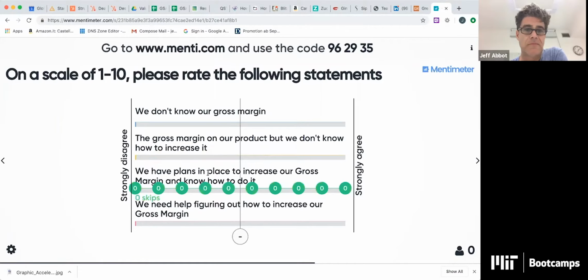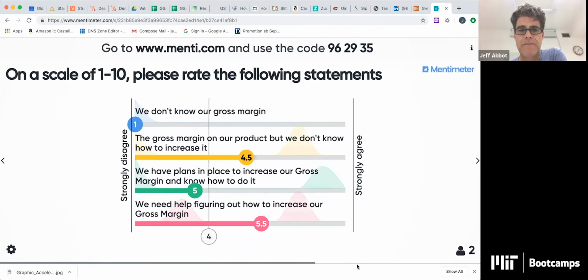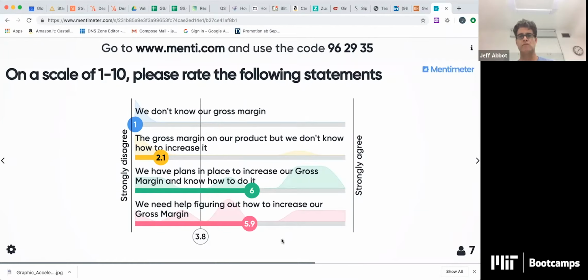Or we have plans in place to increase gross margin, and we think we know how to do that. Finally, we need help figuring out how to increase our gross margin. Okay. Excellent.